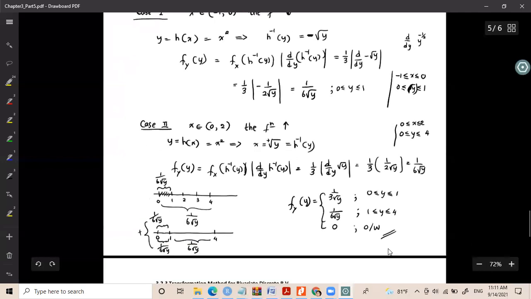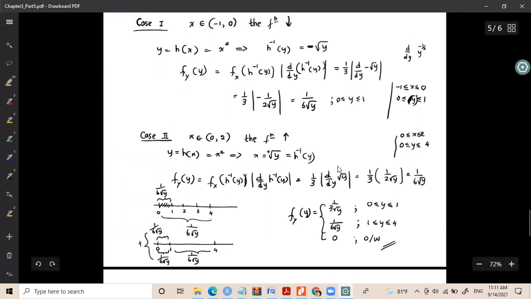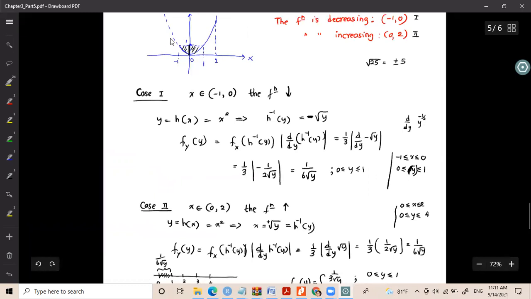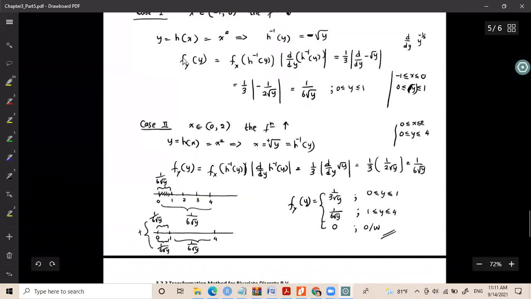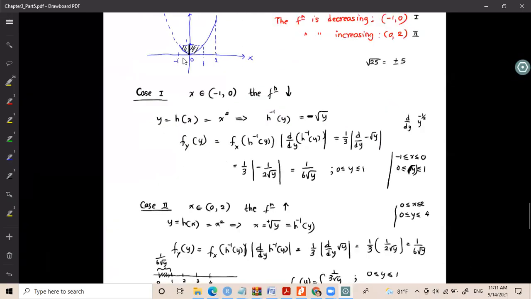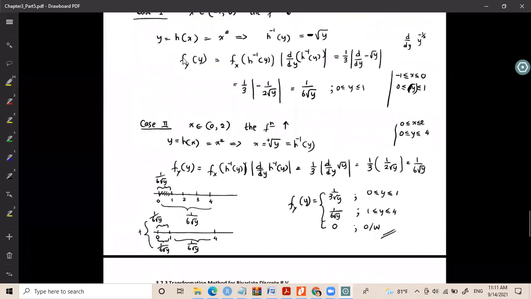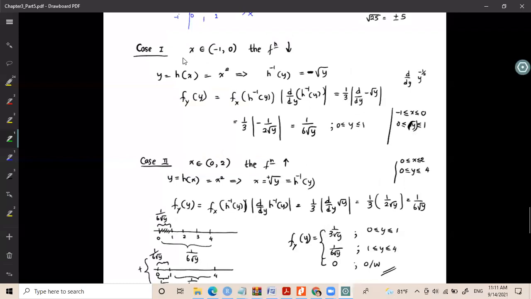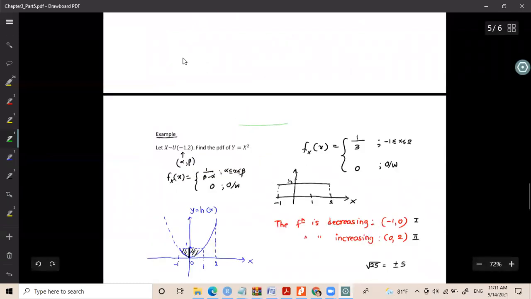So this is how you do it when you have a function which is increasing, decreasing, or both. You split the function into the increasing part separately and the decreasing part separately, and then calculate. If you think about triangular functions, that is also how you have to do it. Say, for example, you have a function like this. This part is increasing, this part is decreasing.